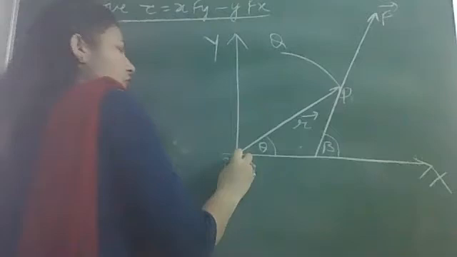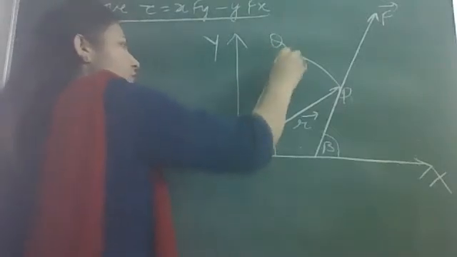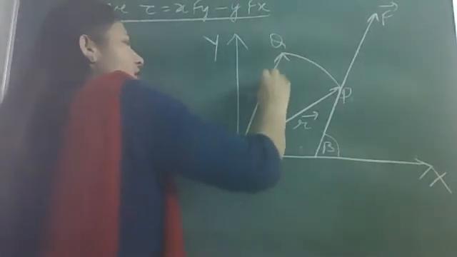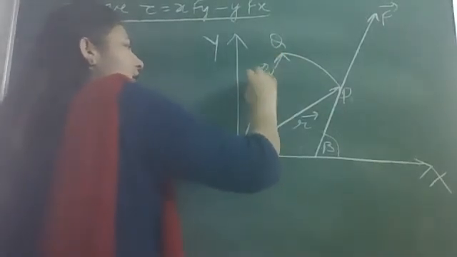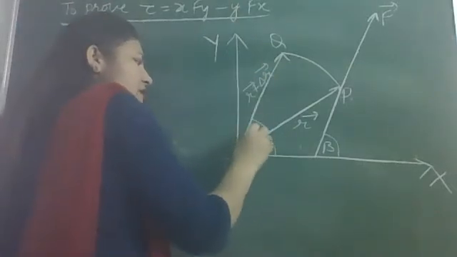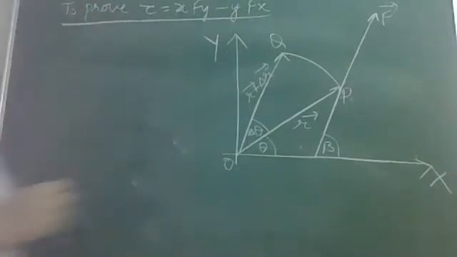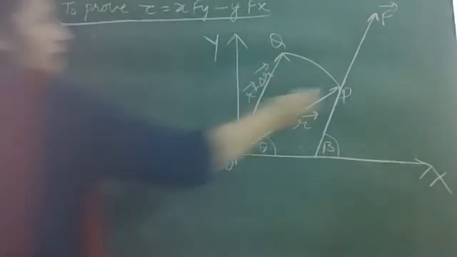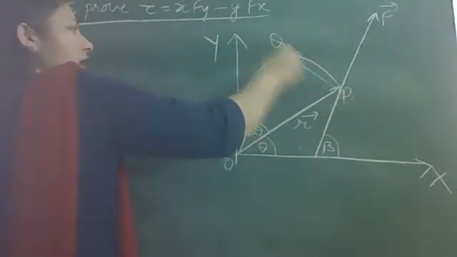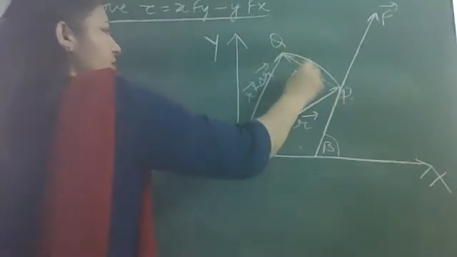Turning effect of force brings it to a point Q with the new position vector R plus delta R, and a small angle delta theta is subtended. So that PQ is delta R, that is the resulting displacement.